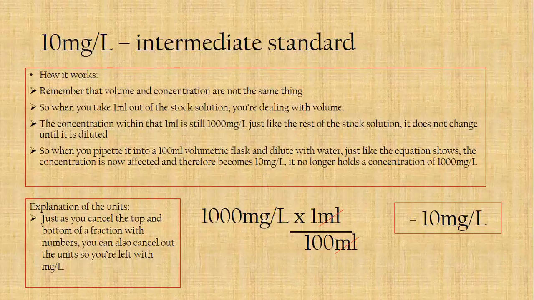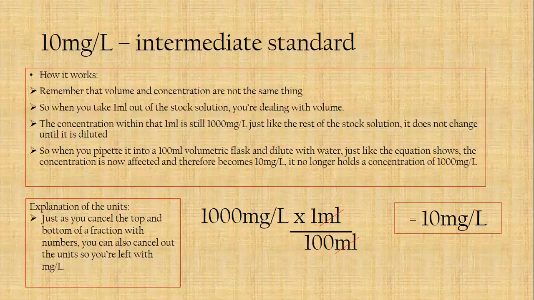When you take that 1 millilitre originally out of the stock solution, within it the concentration is still 1,000 milligrams per litre, because you haven't done anything to it. But as soon as you put it inside the volumetric flask and dilute it, a totally new concentration is made up.